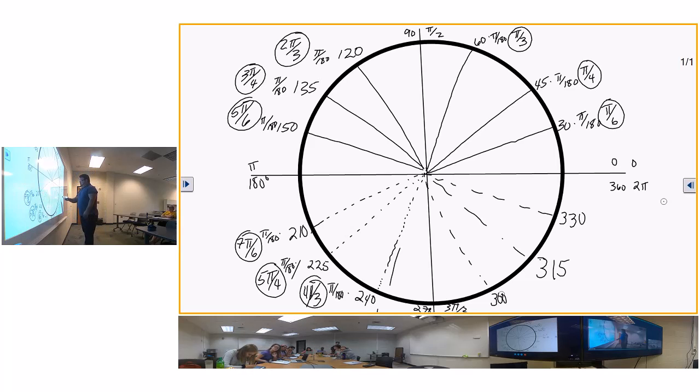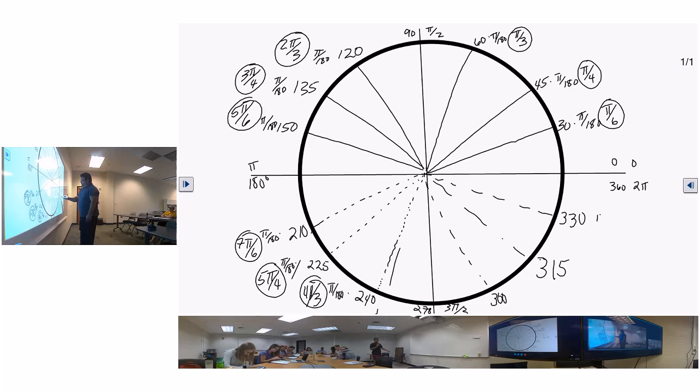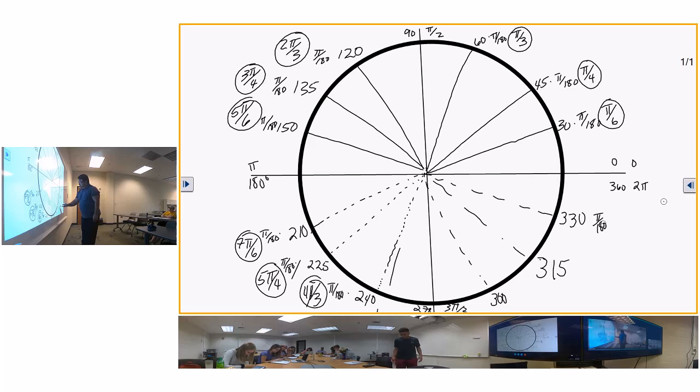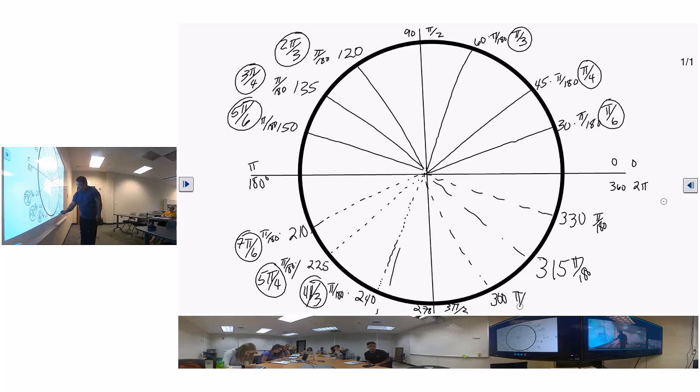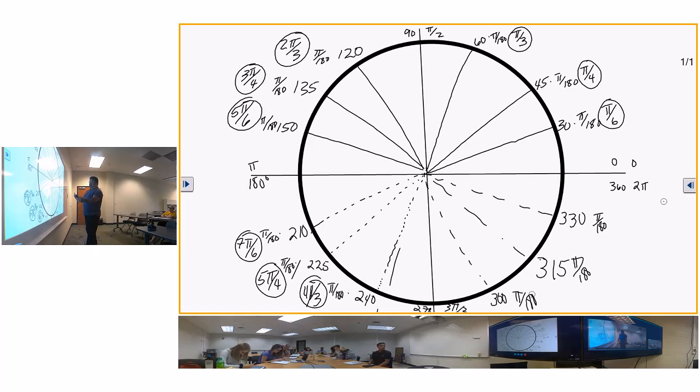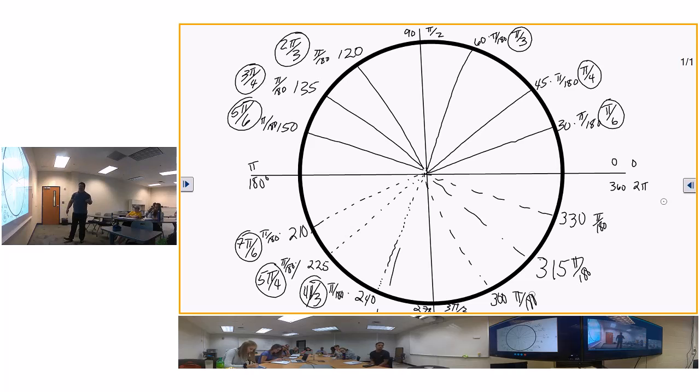Change all these by pi over 180. Now the easy ones are outside. The 45 you might have to do in your calculator because it's aggravating.